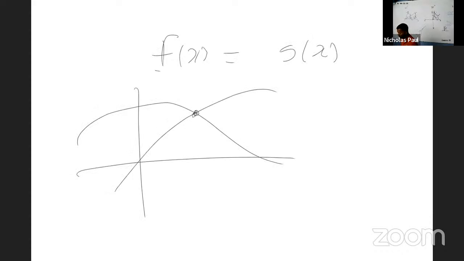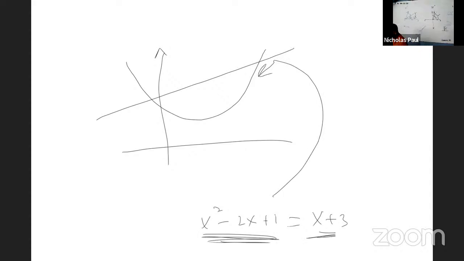For example, if I gave you a quadratic and a line, say x squared minus 2x plus 1 is equal to x plus 3, to solve it, draw the quadratic, let's say it looked like this, and draw the straight line. Where they meet is the answer. That's okay? That's the way you solve functions graphically.